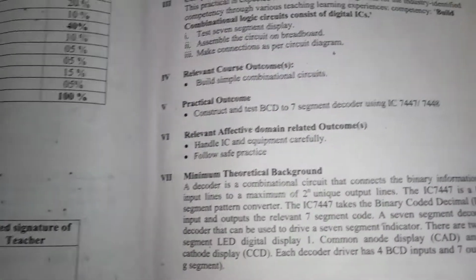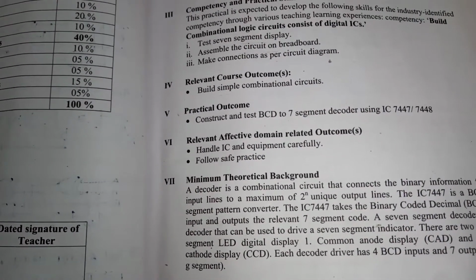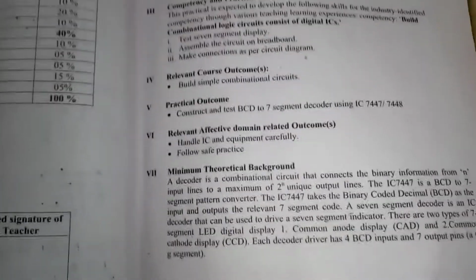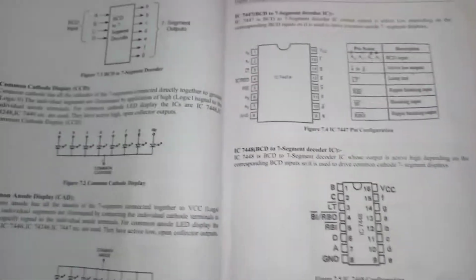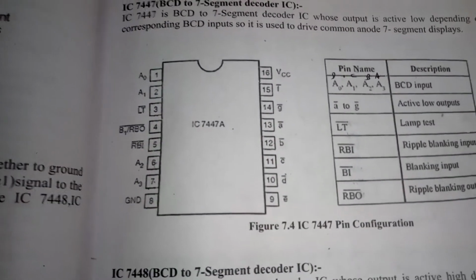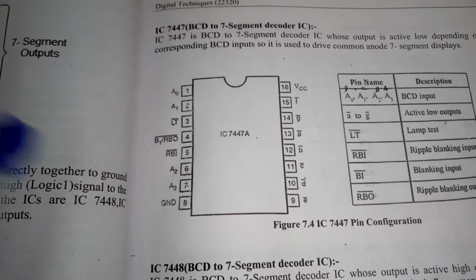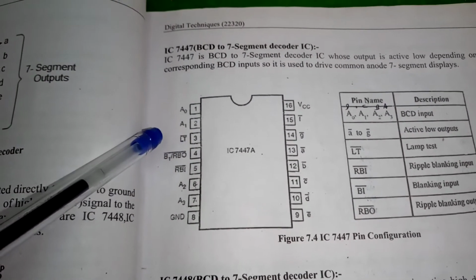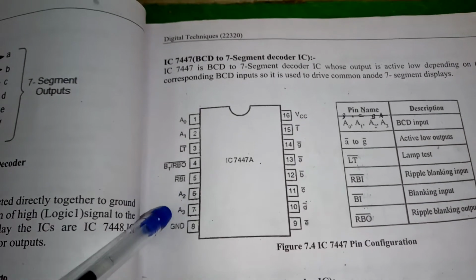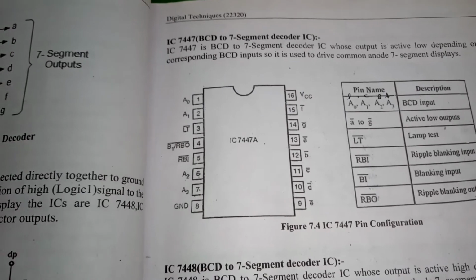So for that we require BCD to 7 segment decoder IC 7447, which is available in our lab. Now we'll just see the IC diagram of IC 7447. That is pin number 1 is A0, pin number 2 A1, then pin number 6 is A2 and pin number 7 is A3, which is nothing but 4-bit BCD inputs.